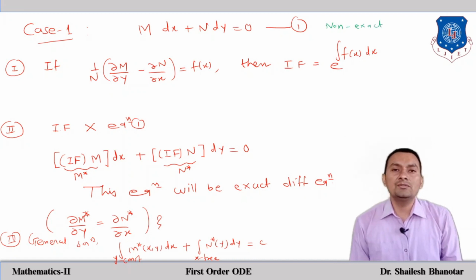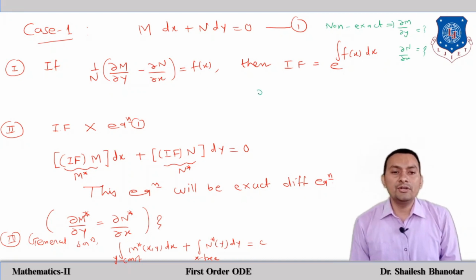Then what are we going to do? First, we find del M by del y and del N by del x, and then take the subtraction, that is, del M by del y minus del N by del x.